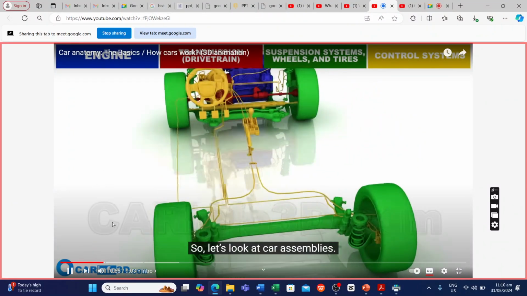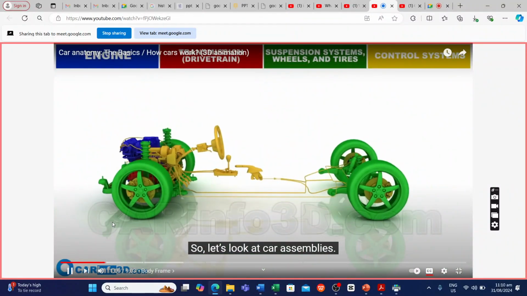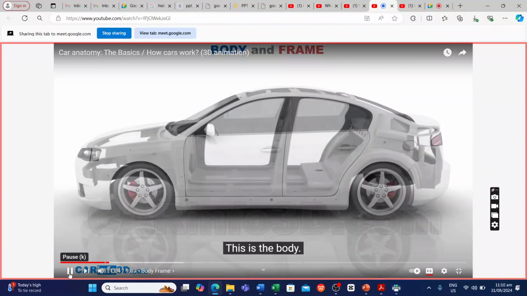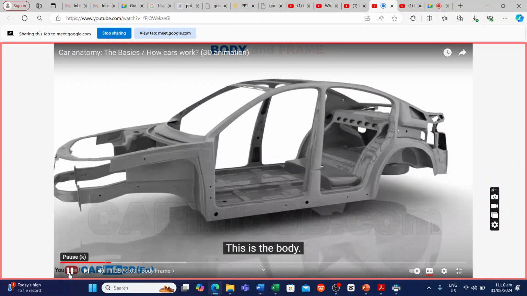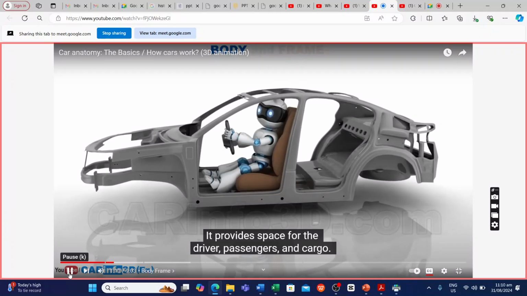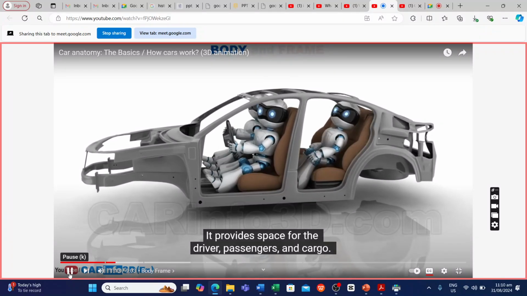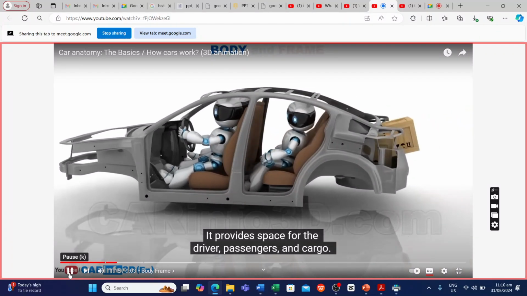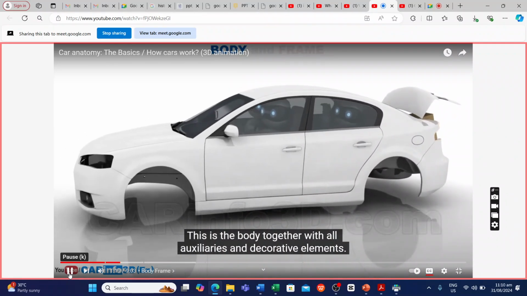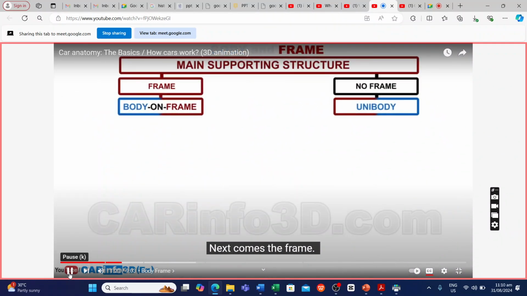So, let's look at car assemblies. We'll begin with the body and frame. This is the body. It provides space for the driver, passengers, and cargo. This is the body together with all auxiliaries and decorative elements. Next comes the frame.